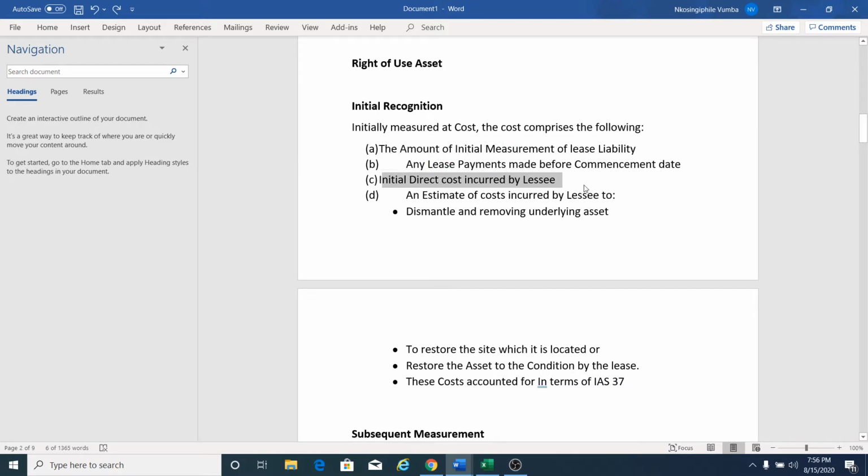So these three things, A, B, and C, are normal. We see them every day in the initial measurement of the right of use asset. But now there's D, and D is very important.